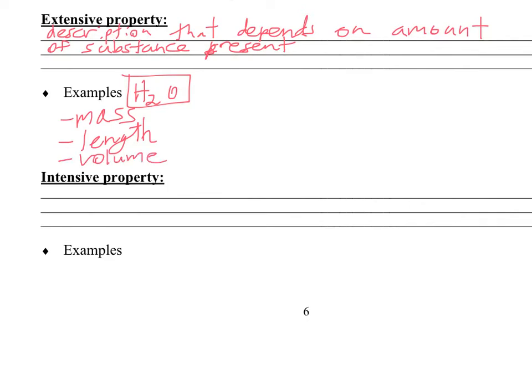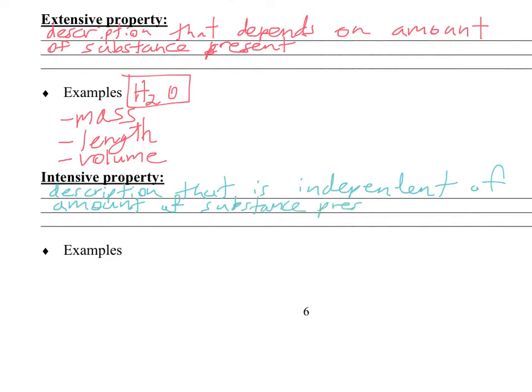Oppositely, an intensive property is a description that is independent of the amount of substance present.